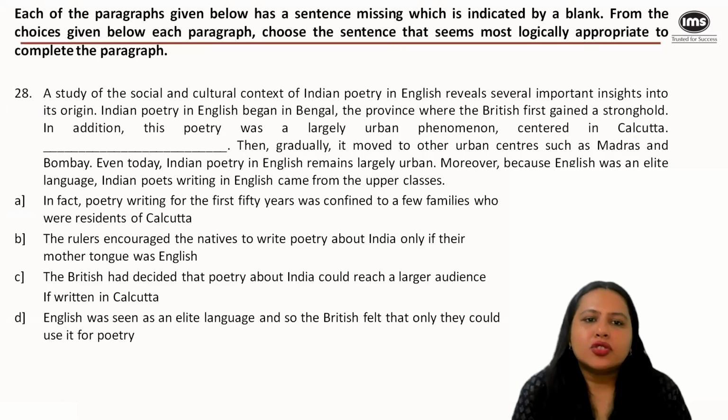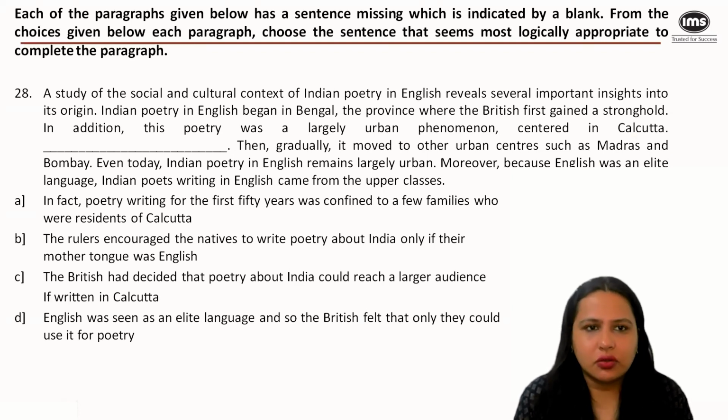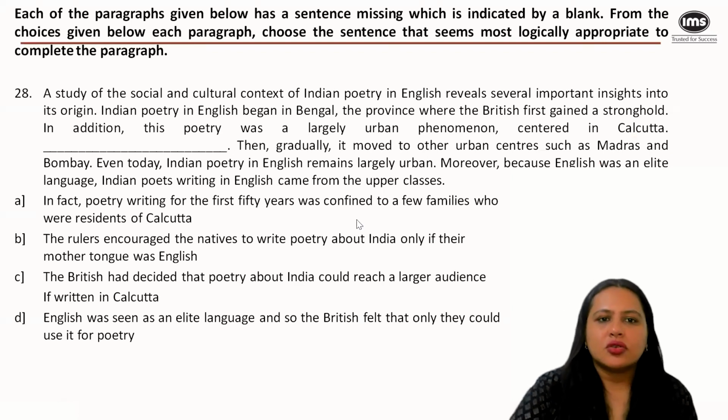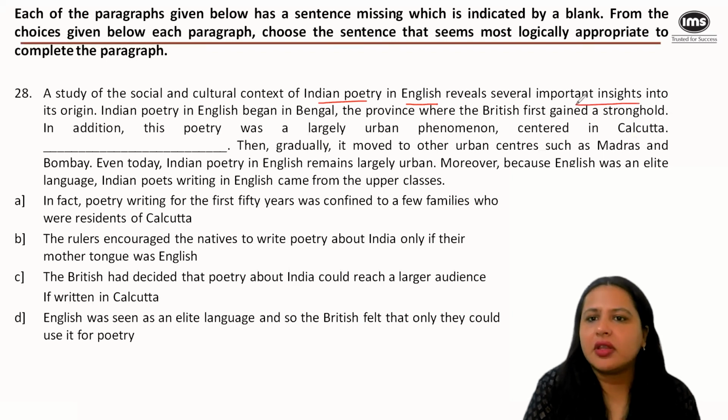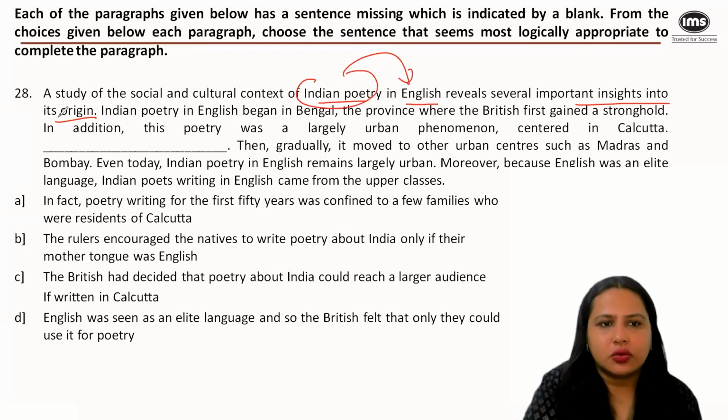A study of the social and cultural context of Indian poetry in English reveals several important insights into its origin. So the entire paragraph is about Indian poetry in English and its origin.